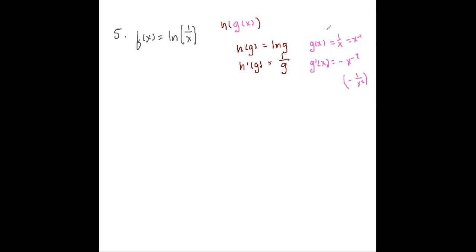I know that my derivative is going to be equal to h prime of g times g prime. So I'm going to be looking at 1 over my original function, which is 1 over x, or I'm going to write it in this case as x to the minus 1, times my derivative, which is going to be minus x to the minus 2.